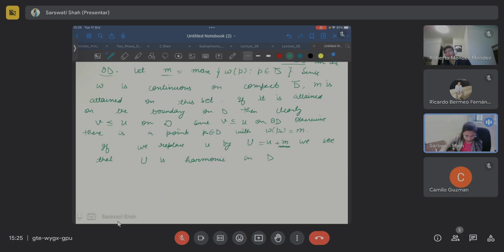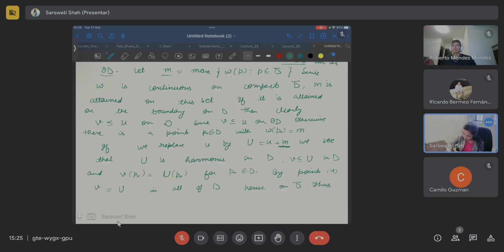So U is harmonic in D and V is less than or equal to U in D, and V of P naught equals U of P naught for P naught belonging to D. So by point 4, V is equal to U in all of D, hence on the closure of D.